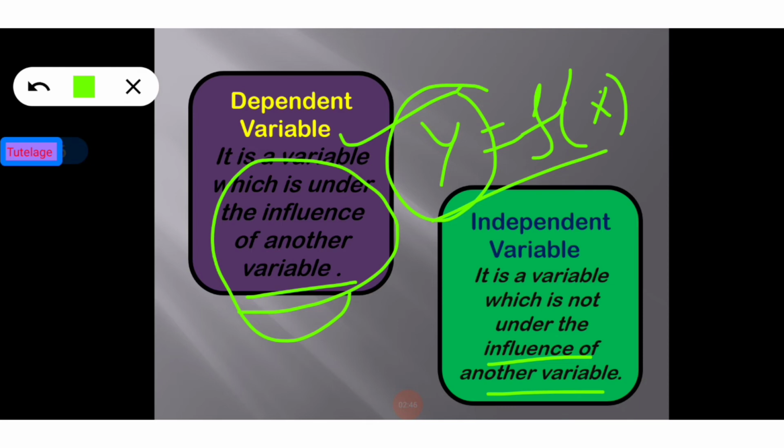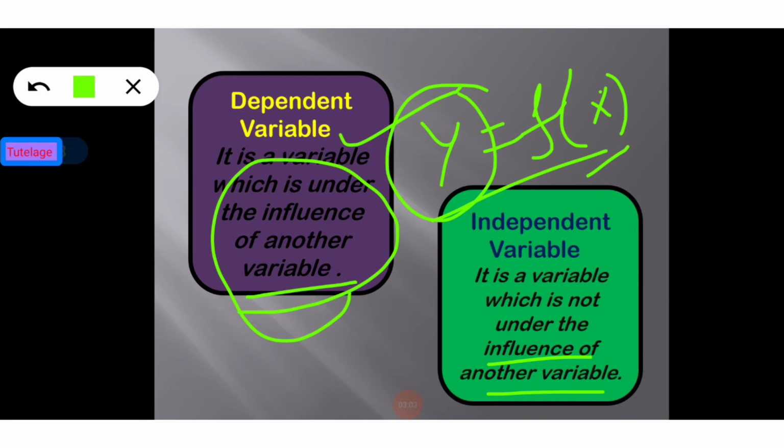In this equation, x is the independent variable, because at any time the value of x increases or decreases. So that's why it is independent in nature.